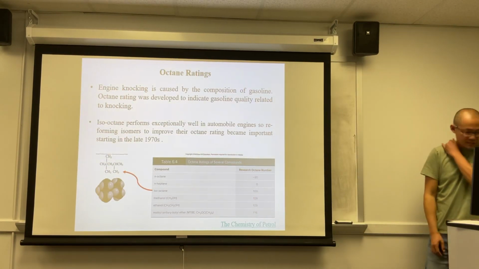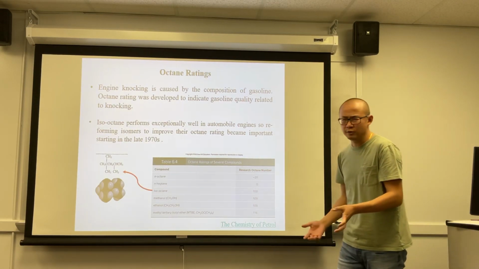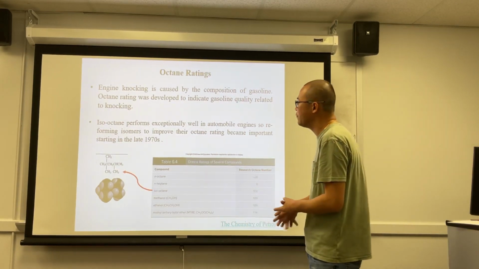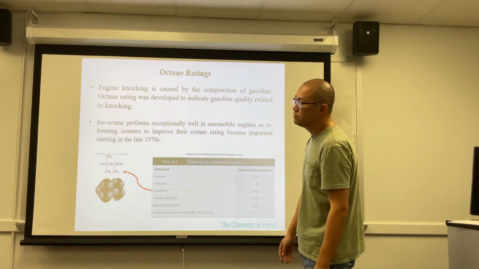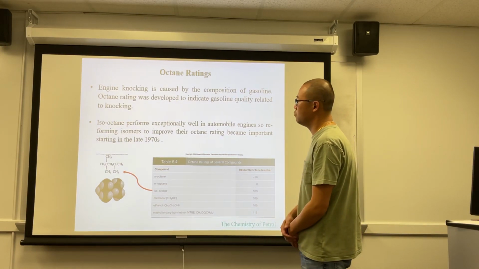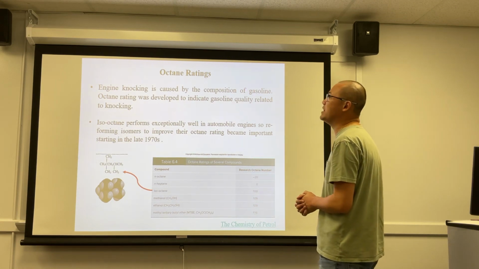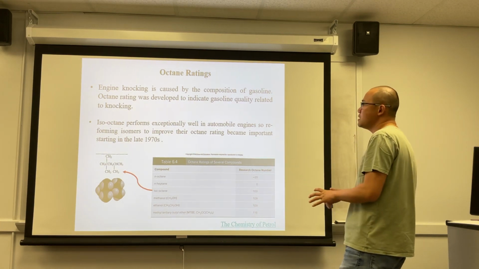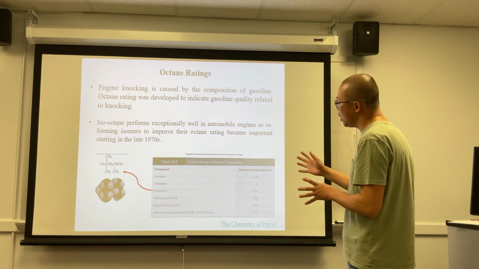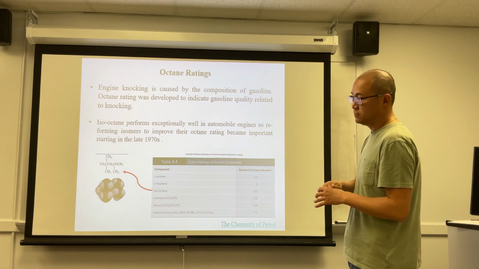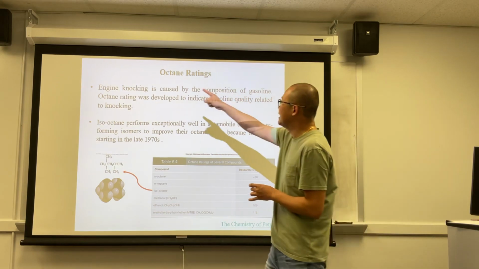Next, you may wonder why they are doing reforming. What do we mean by making it a better fuel? It comes from this concept called octane rating. Octane rating is based on a property of octane called engine knocking.